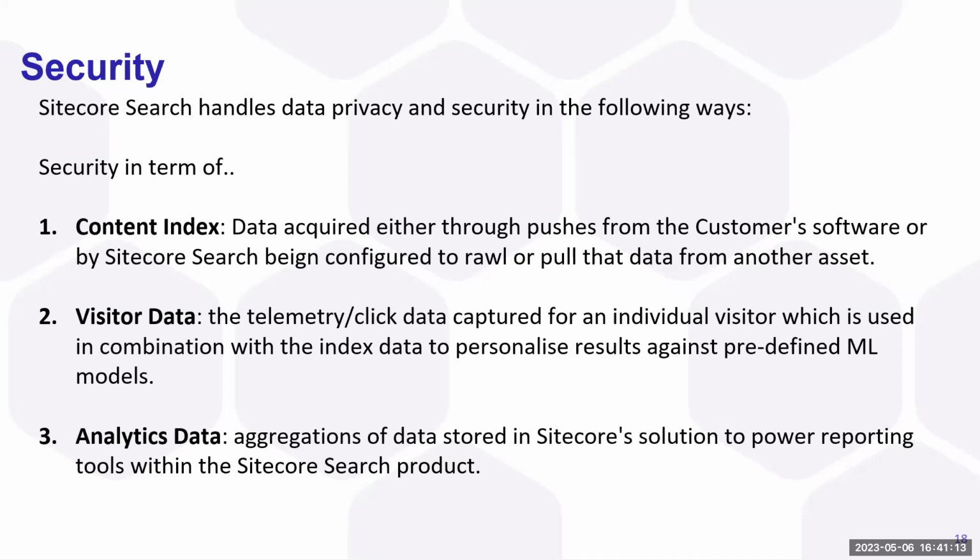Normally, aggregated data is anonymized to avoid privacy issues. So that data can be anonymized, so we can mask the data, which is really important while storing it in the indexes or in multiple geolocation storage for replication purposes. Those are the security considerations we should keep in mind when working with Sitecore Search.